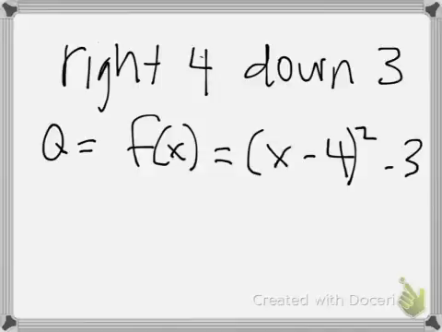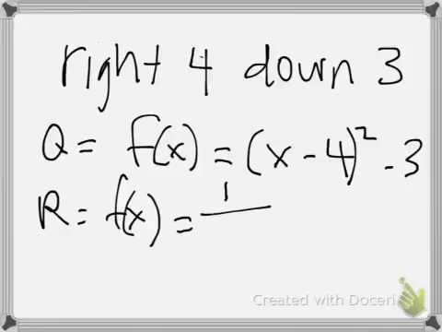And let's just say rational. And it would look like f of x equals 1 over (x minus 4) minus 3.